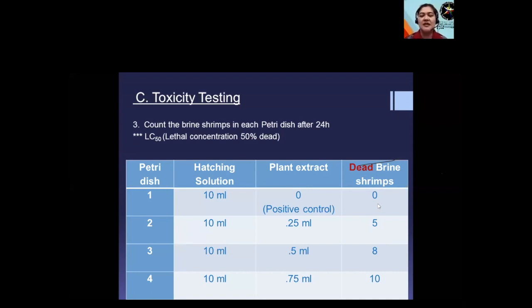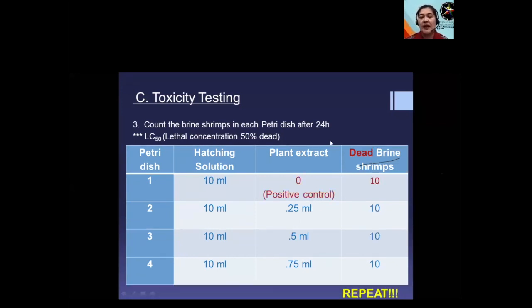Pero for the LC50, 50% dead, 50% of 10 is 5, right? So, eto kung saan lumabas ang 5. Eto na ang ating LC50. That would be 0.25 ml. That's our LC50.